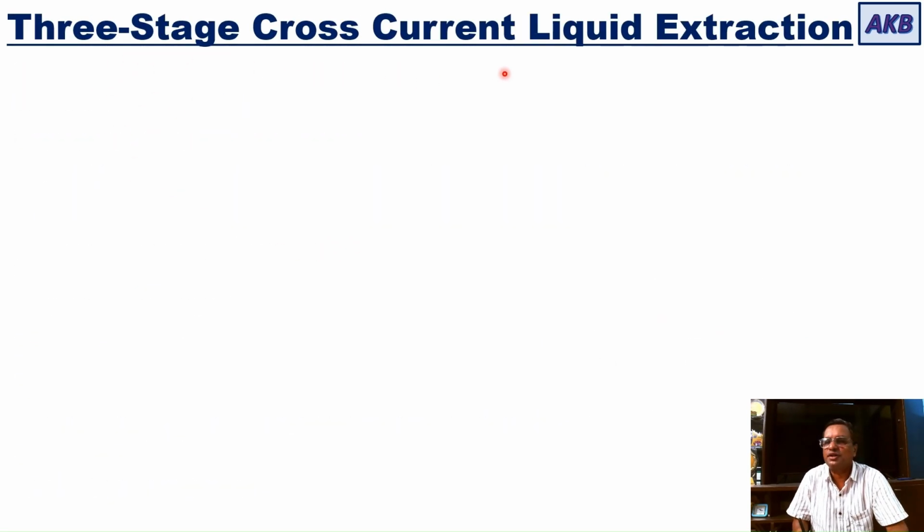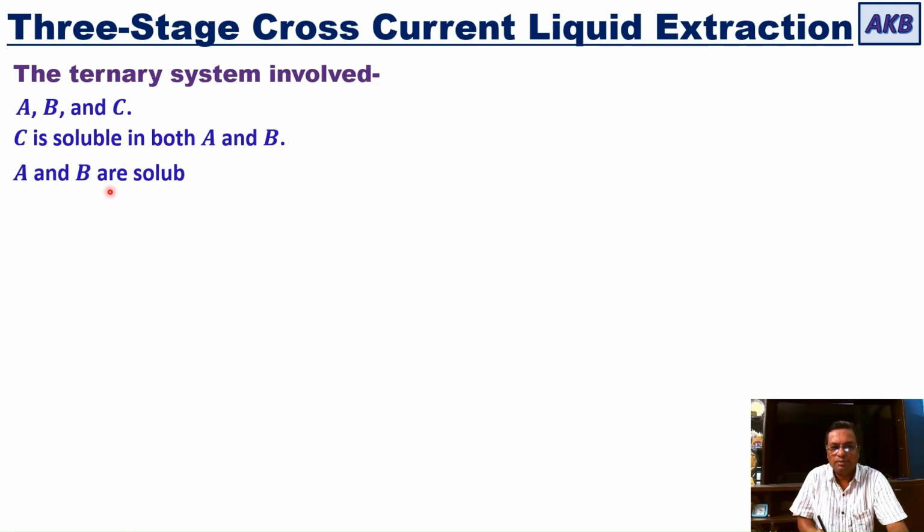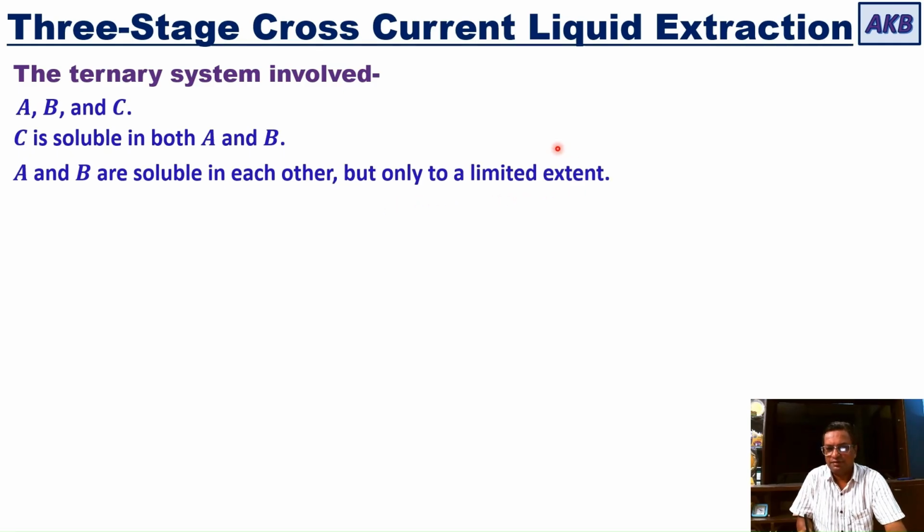Now let us look at a 3-stage cross-current liquid extraction operation. The system that we are going to consider in our discussion, the ternary system involved, has 3 components in it, A, B and C. C is the solute, which is soluble in both A and B. A and B are soluble in each other, but only to a limited extent, which is a common case in liquid extraction.